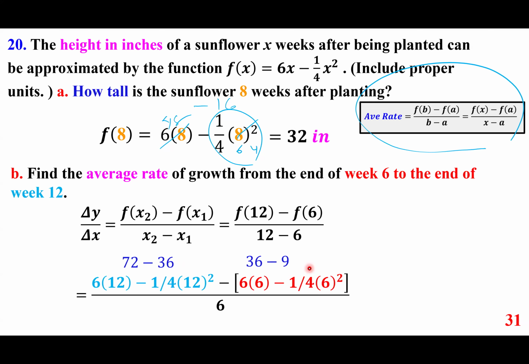And I hope you see that this minus 36 and this 36 with 72 cancel each other, minus 9 plus 9. 9 over 6, or 3/2, units of the numerator over the units of the denominator. The numerator represents the height, the denominator represents the time in weeks. So 3/2 of an inch per week. In every word problem, represent the proper units as you must.